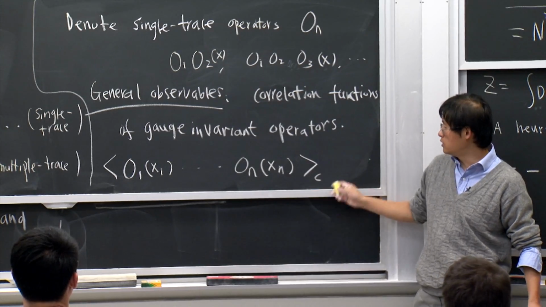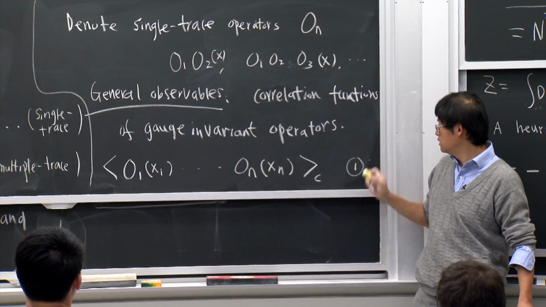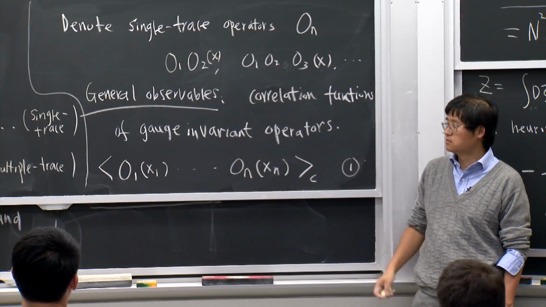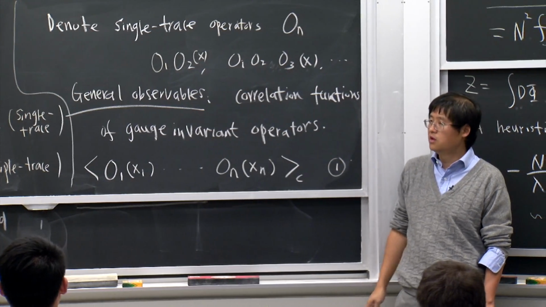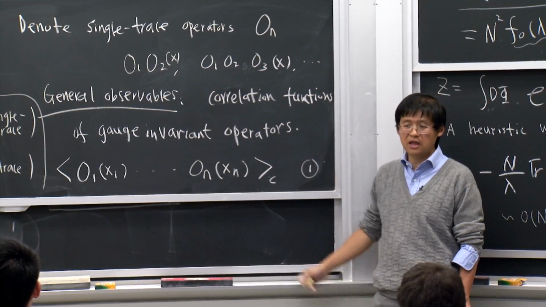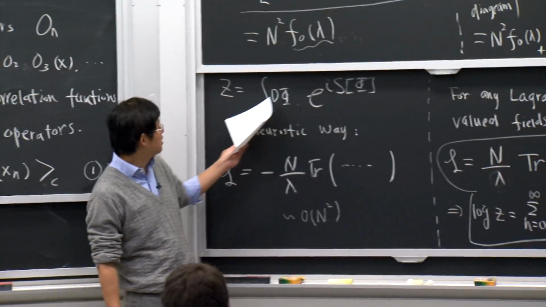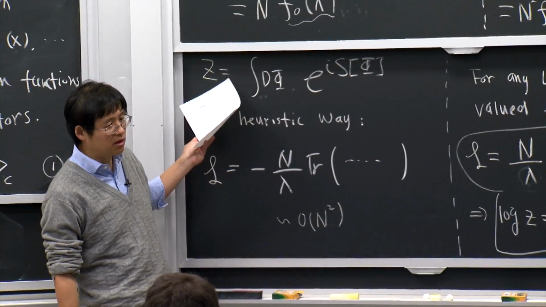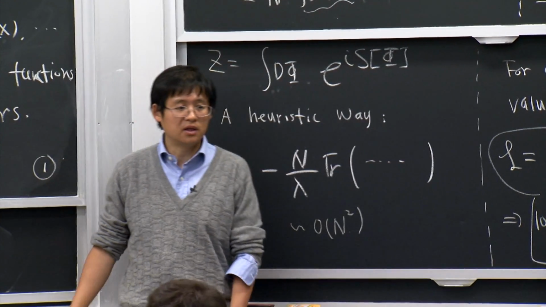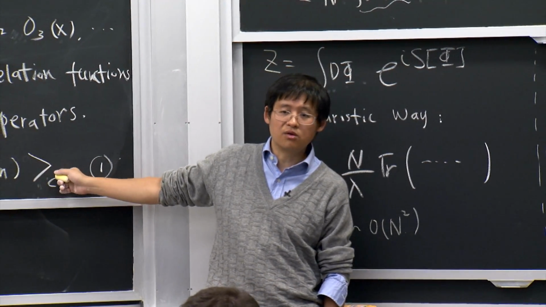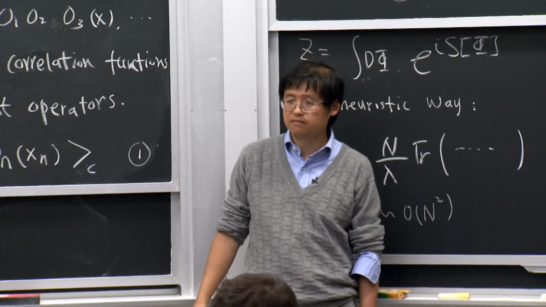So, let me call this equation 1. Another question, following what we discussed before, is how do we decide the N-dependence of this? Previously we determined the N-dependence of the vacuum diagrams of the partition function. But now what should be the N-dependence of general correlation functions?